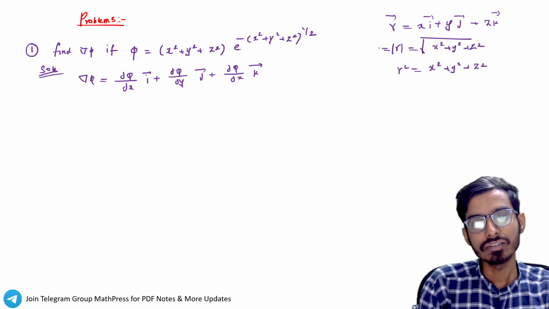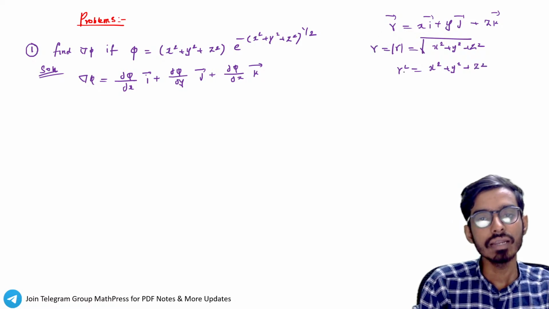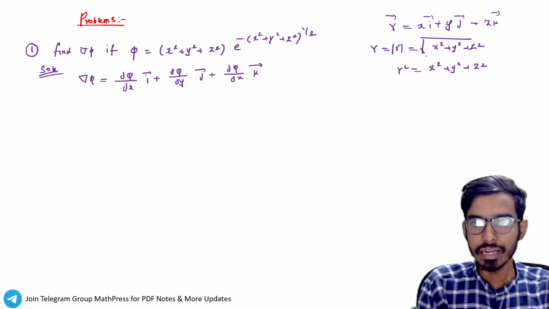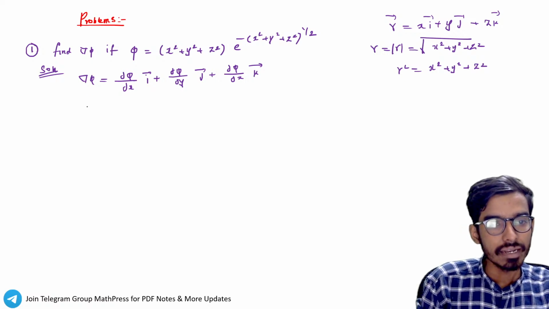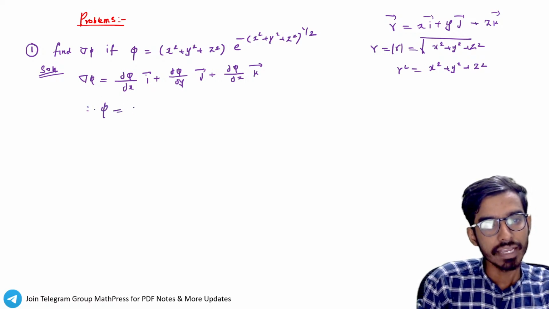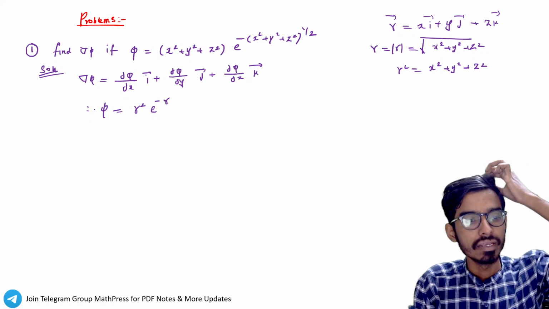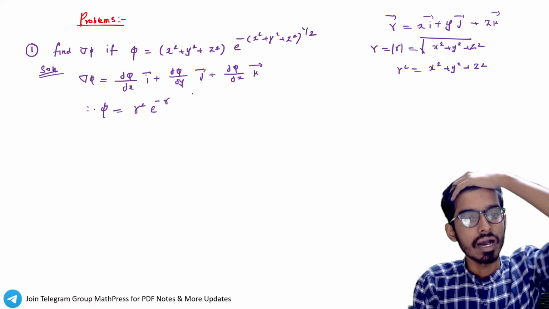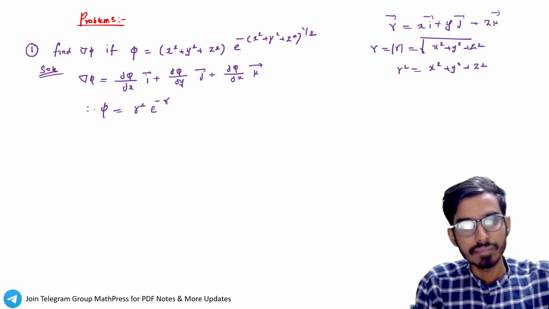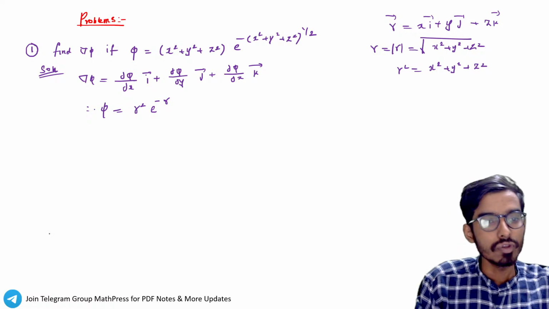We already discussed these two results. So I can write this phi as r square into e power minus r, because this is root of x square plus y square plus z square. I'm just changing it in terms of r. Now we will find del phi.